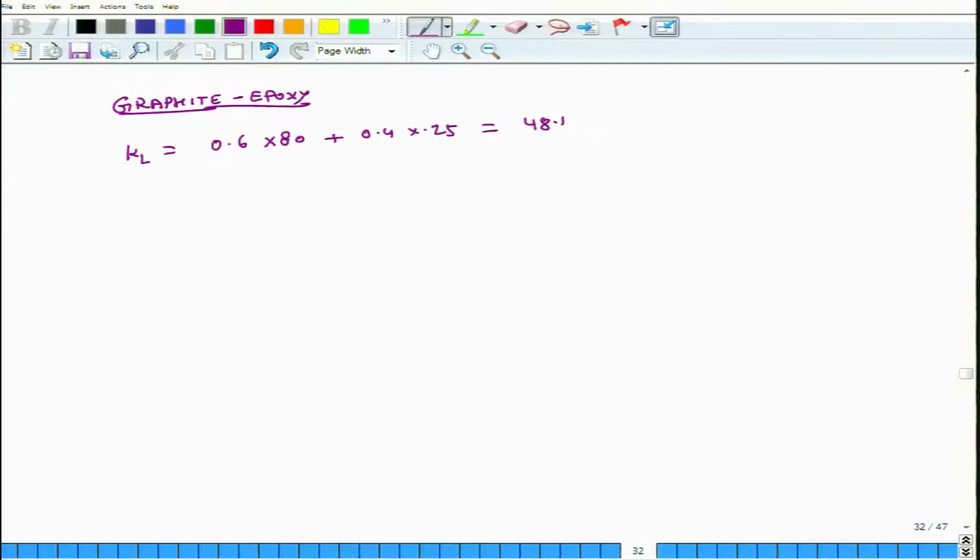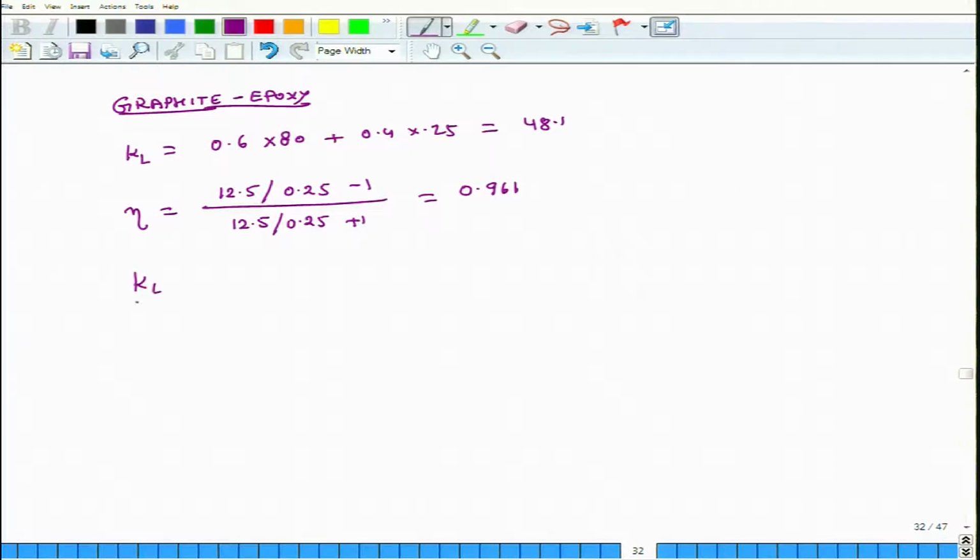And then for computing the transverse thermal conductivity, we have to use the transverse direction thermal conductivity of the graphite fiber. So, first we compute eta. That is equal to 12.5 divided by 0.25 minus 1 divided by 12.5 divided by 0.25 plus 1, which works out to be 0.961.